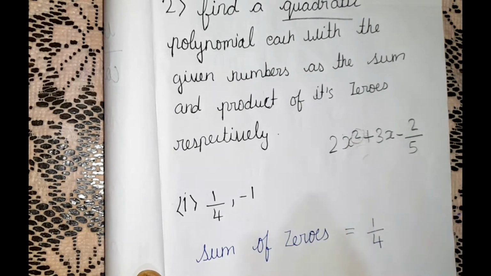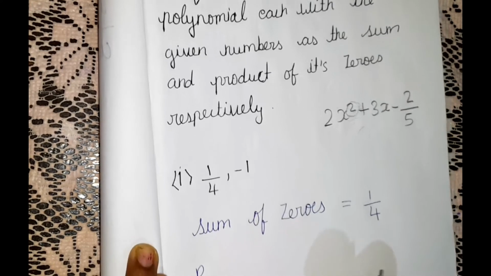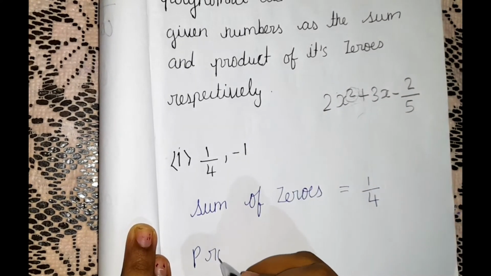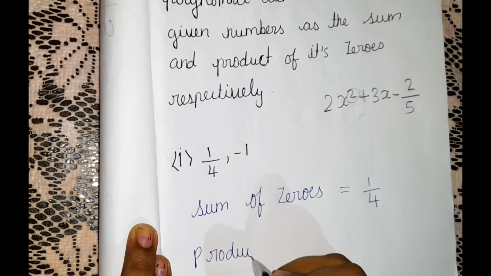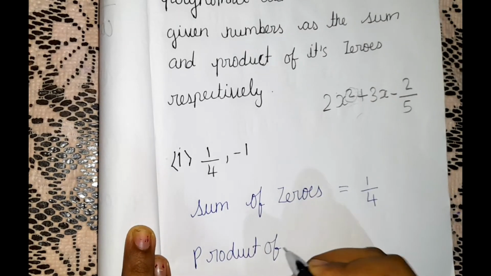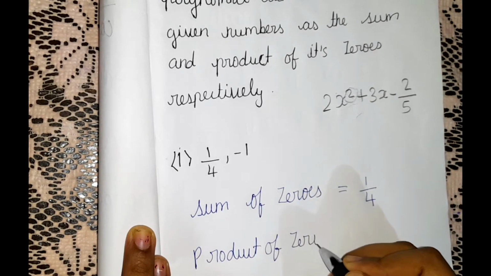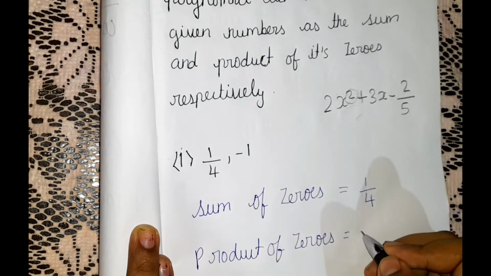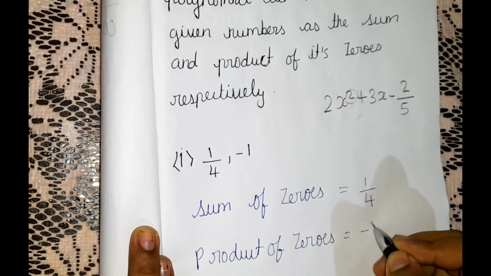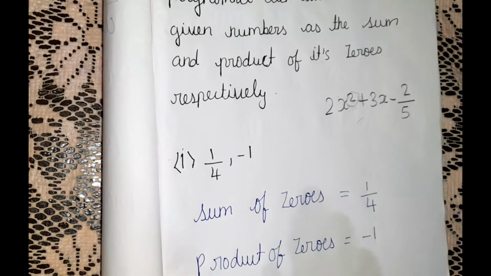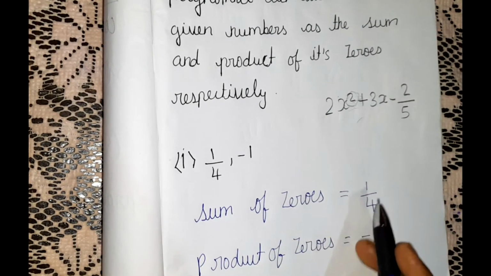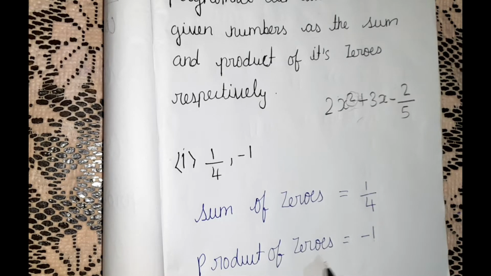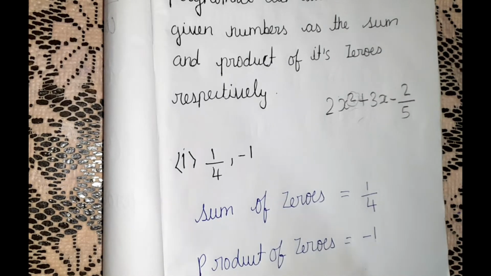And then product of zeros. In this question we have minus 1, so we are going to be taking product of zeros as minus 1. We are taking it like this so that we can solve it.